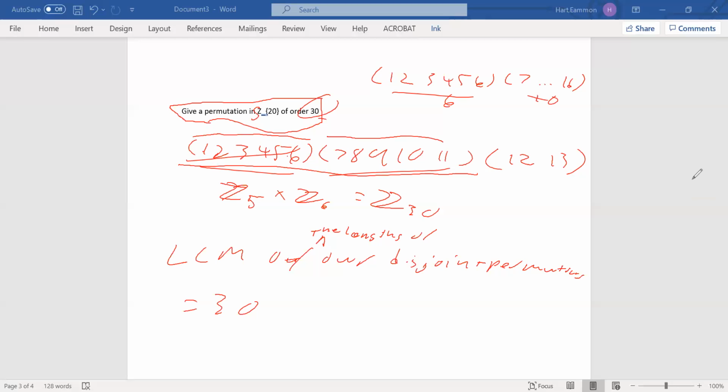I think you're supposed to get some group of order 70. So basically you're just trying to find strings that multiply, whose lengths, their least common multiple is going to be 70.